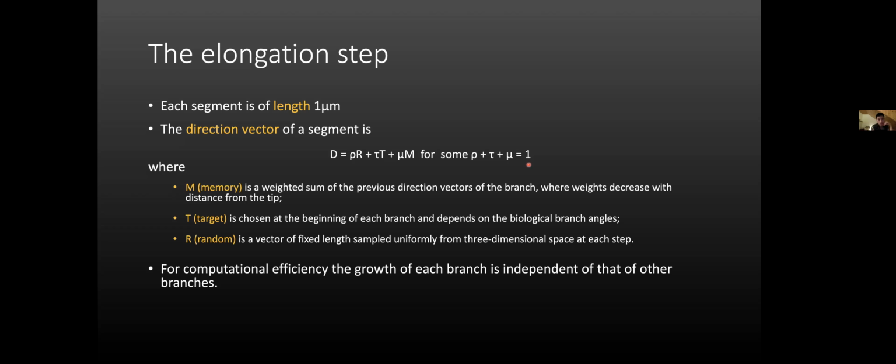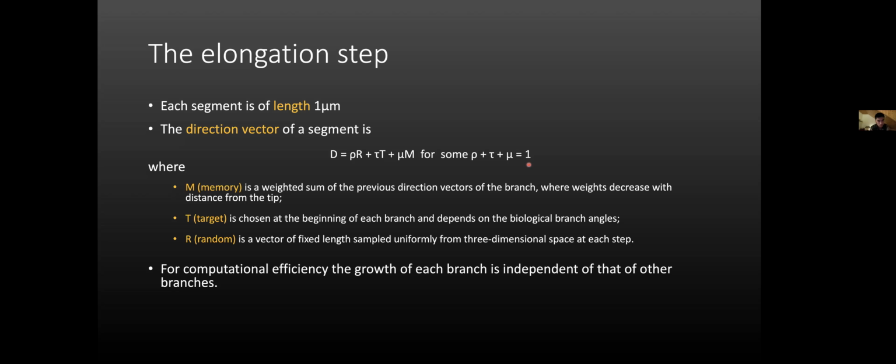Now, one figure that I don't have, but that you can find in our paper on bioRxiv, is where Lida tested various combinations of rho, tau, and mu. You can see what happens when, for example, rho is too large: you really get something that's just a random walk. It doesn't look anything like a neuron. If rho is 0, then you get something that is way too straight, and also there's not enough variance in the population, because we really want a population that has some variance.